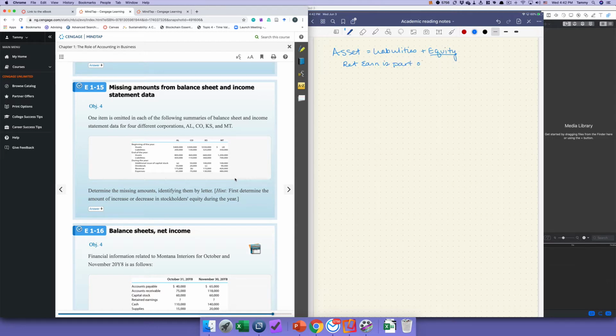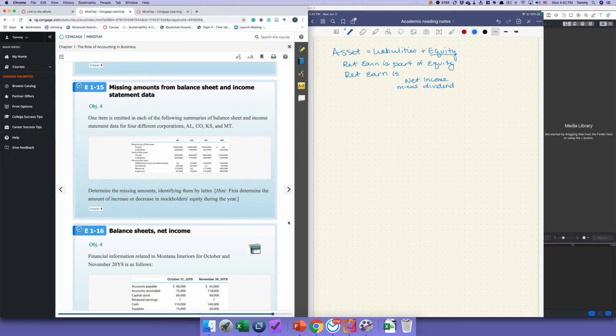Now, remember that retained earnings from 1 year is its net income minus dividends paid, right? Because it's the earnings that you have retained in the business.